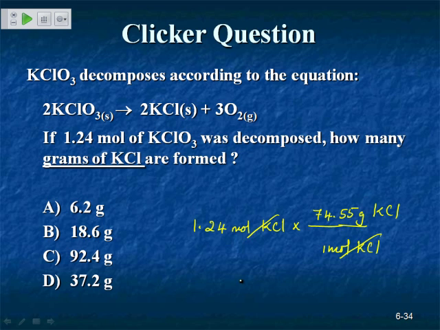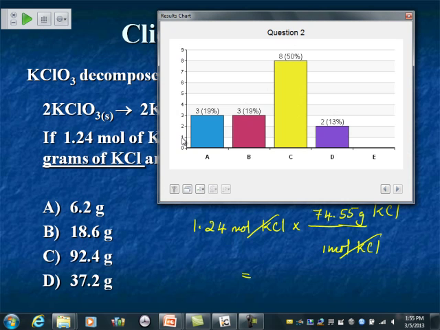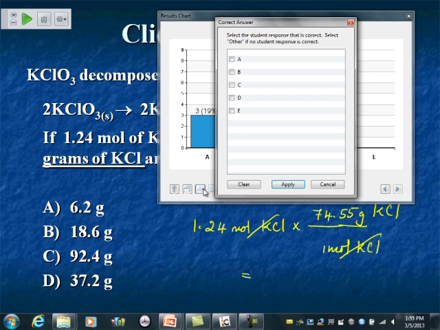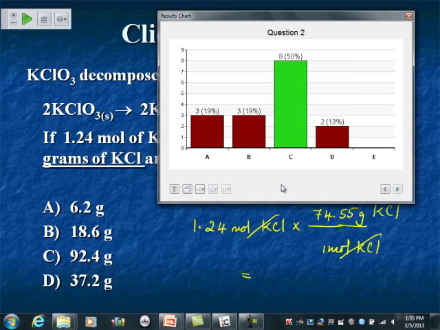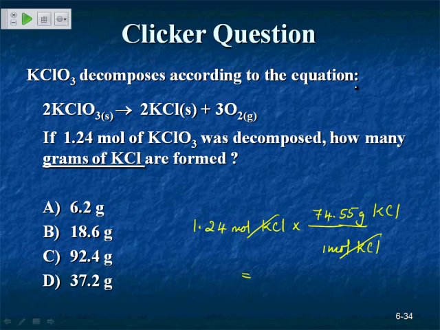So moles and moles will go away and you should have your answer. What should be our answer here? 92.4 would be your answer.